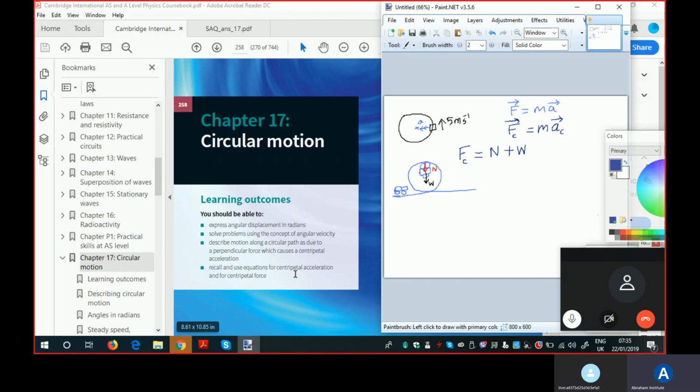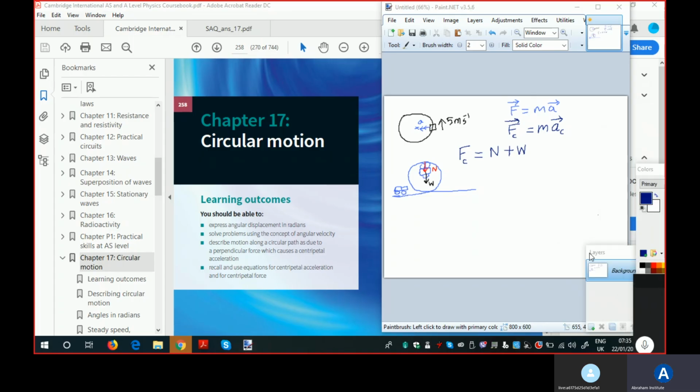Then recall and use equations for centripetal acceleration and centripetal force. Now, actually, there are a few equations which you have to remember. I will write them down here. One of the equations for centripetal acceleration is A = V squared over R. So this A is the centripetal acceleration.